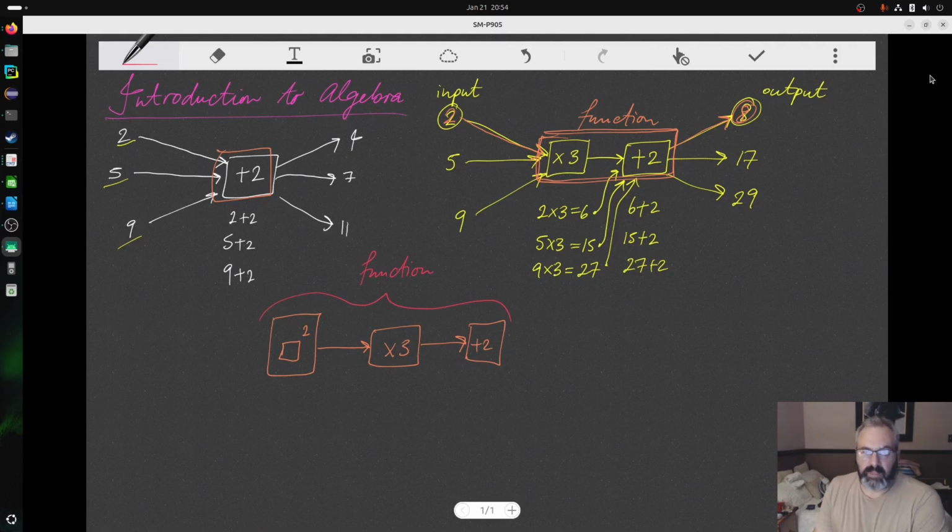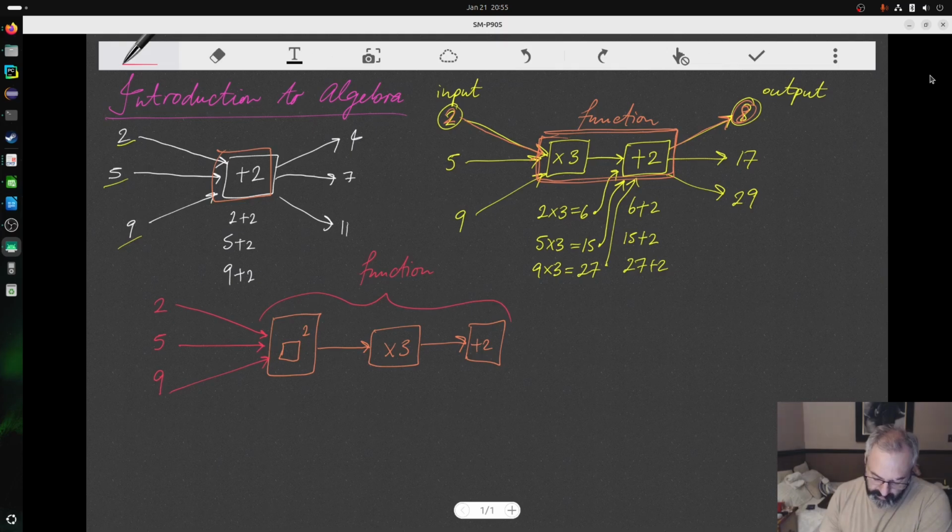Now let's add some numbers into it. Again, let's use 2, 5, and 9. Let's add those numbers into my function, into my maths machine. When we add 2 into my function, the first thing that happens is we have to square it.